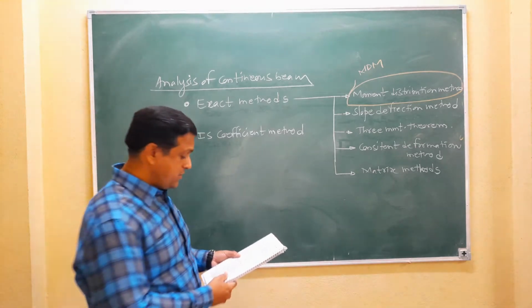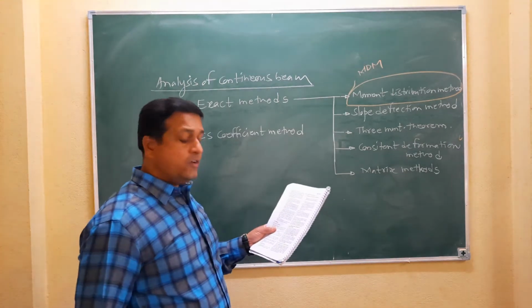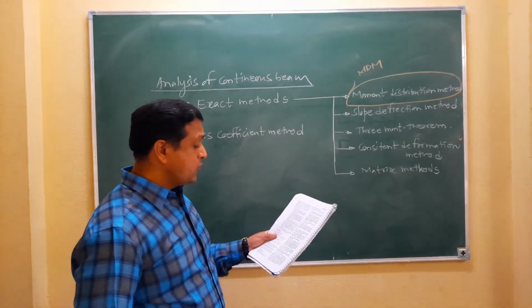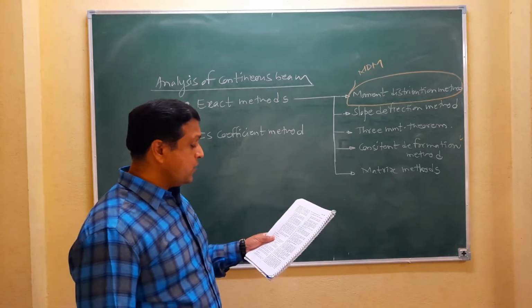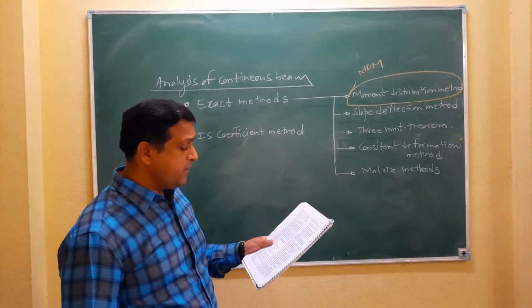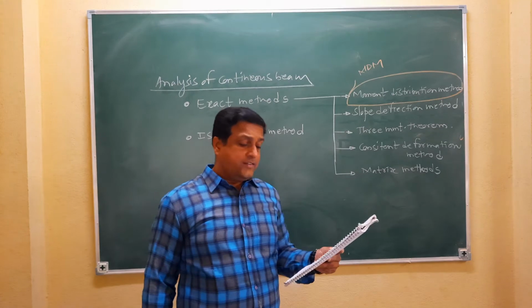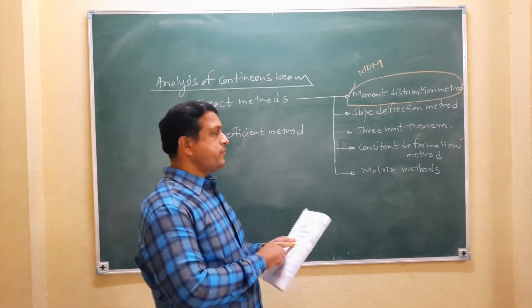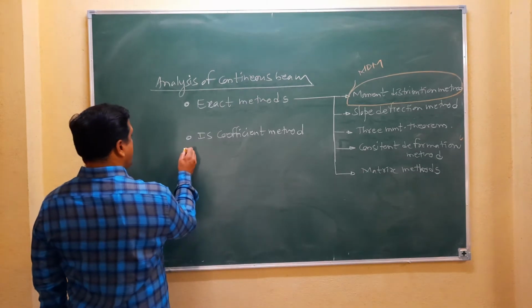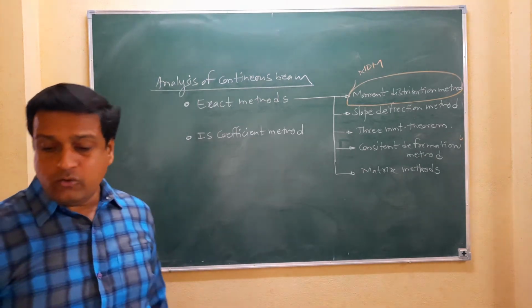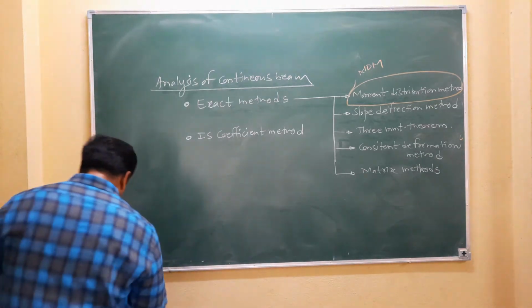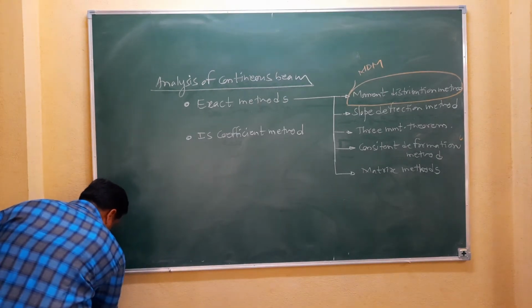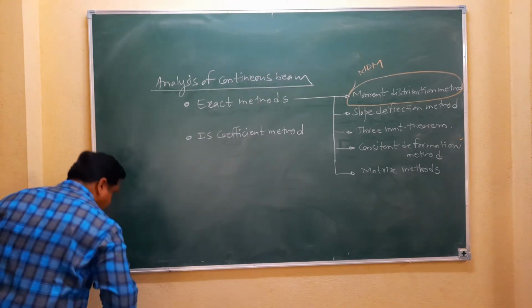What are those points? Those points are directly given on page number 35, clause number 22.5.1, that is moment and shear coefficients for the continuous beam. So what points do you have to consider for application of this method?